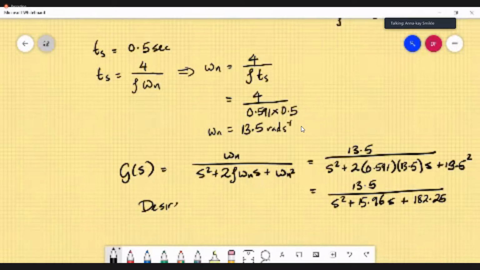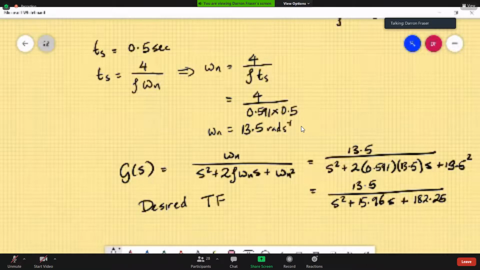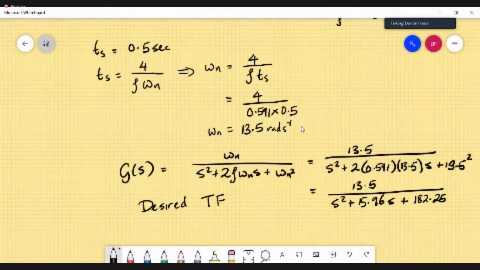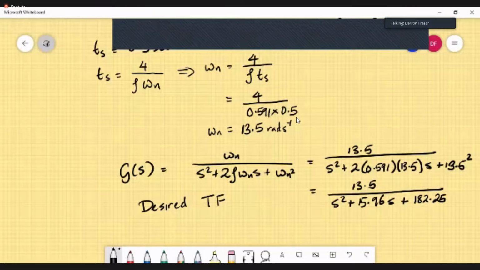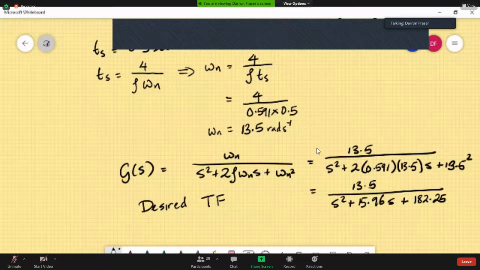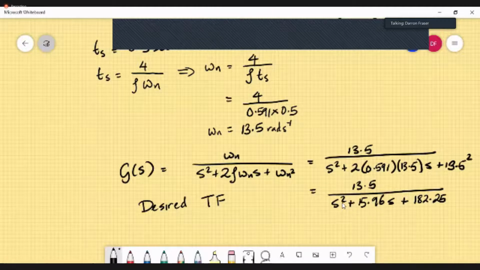Sir, for the solution, I got negative 7.98 plus or minus 10.89i. For this? For the bottom. Okay. But when we're doing full pole placement, we're going to talk about finding the poles for this system, which is what you found.